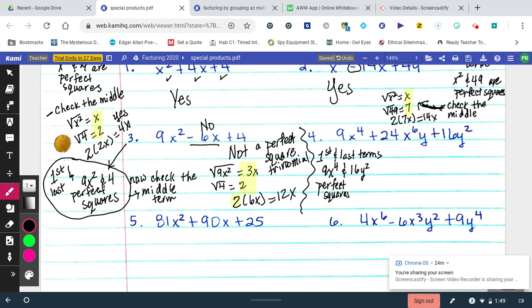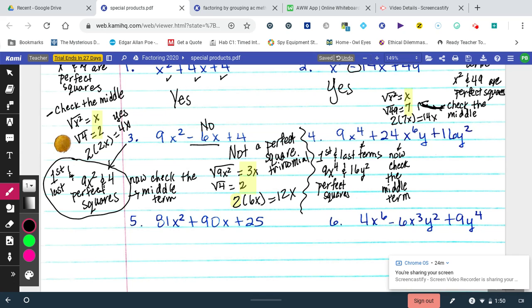Okay, now I'm going to check the middle term. So after I check that, I check the middle. I just do this right here. All right, so you do that first, then you check that.